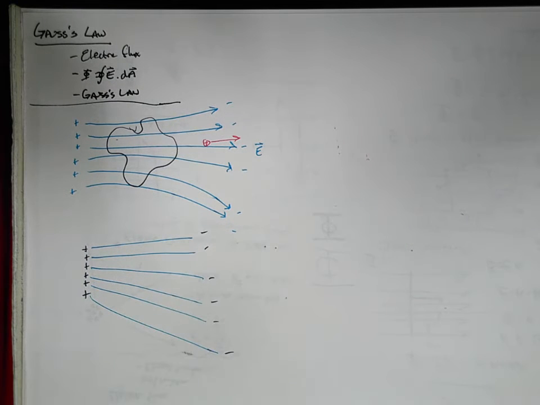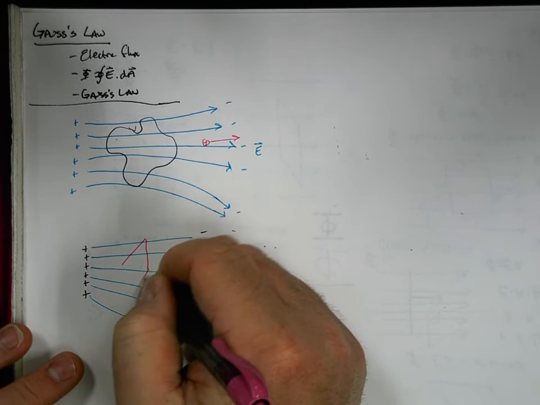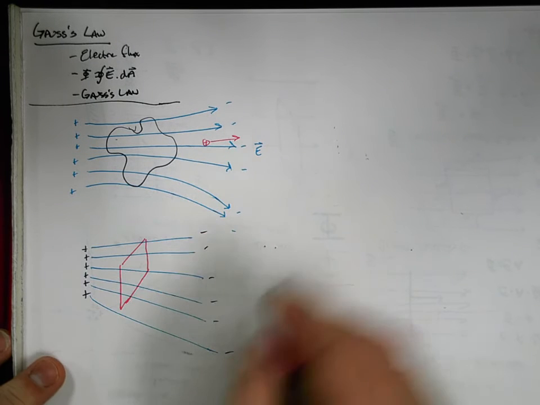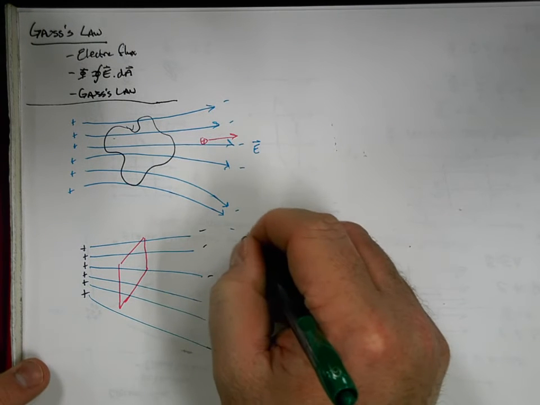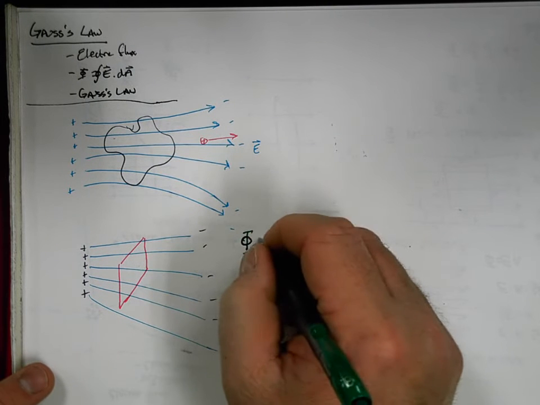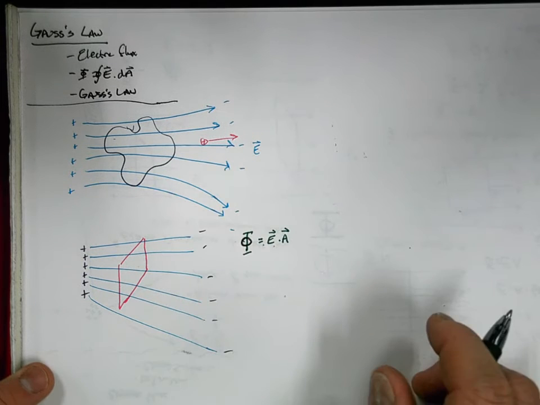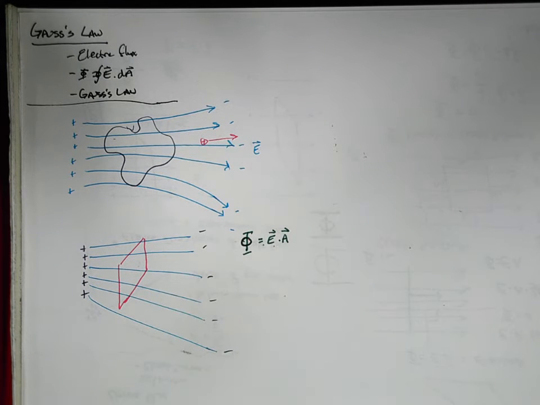And if we have an area inside of this, then our flux, oh, sorry, got to draw green, equals our electric field times the area that it's passing through.